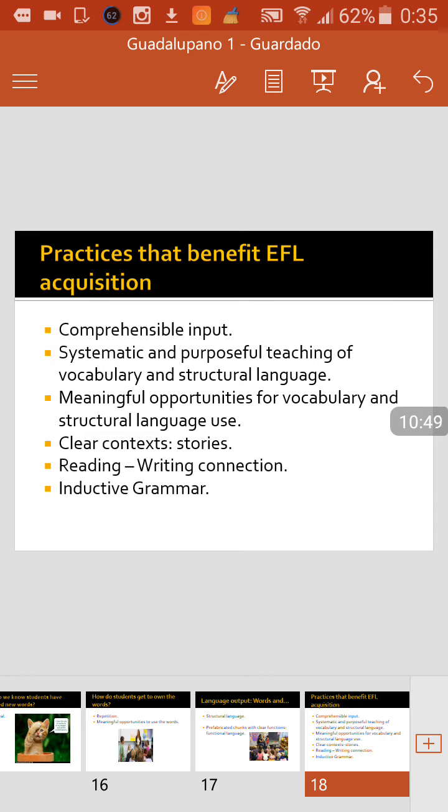Stories provide a wonderful context for the teaching, for the practice, and for the application of new words and structures. That's another asset of the Our World series, and we are going to see it afterwards. The reading-writing connection is another feature of the book. How writing becomes responsive to reading. What students understand as readers will have an impact on what they do as writers.